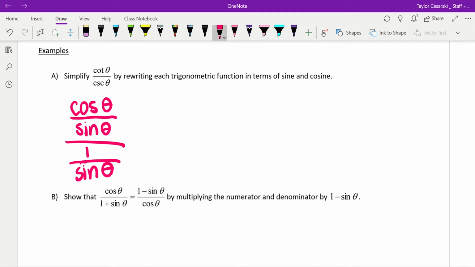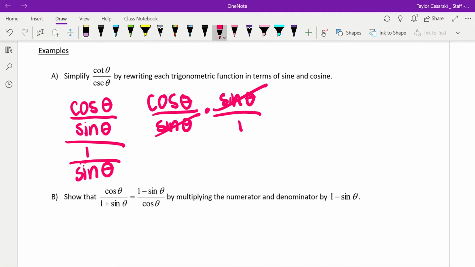Okay, so therefore I'm dividing two fractions, so then I can simplify that as cosine of theta over sine of theta times, so keep change flip, sine of theta over 1. Alright, to simplify that, I have a sine of theta on the top, I have a sine of theta on the bottom, and then I have cosine of theta over 1, so that just leaves me with cosine of theta. Okay, so that's your final answer.